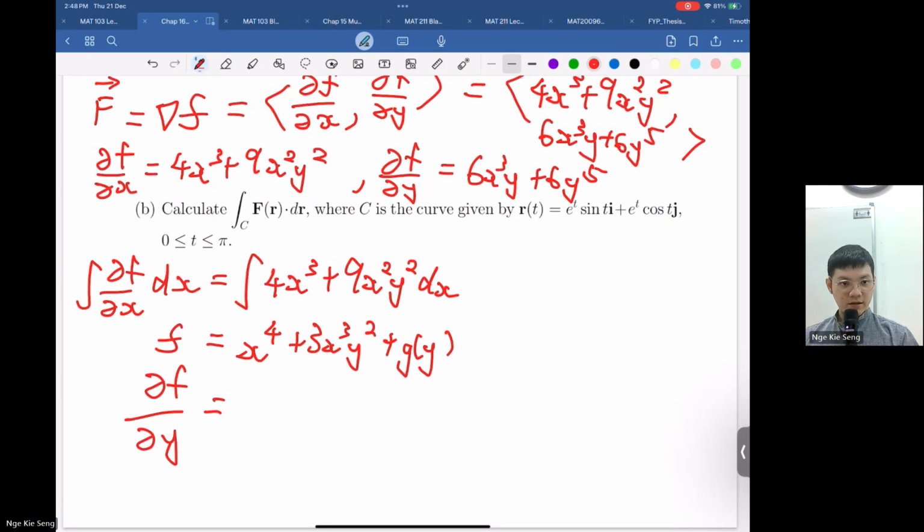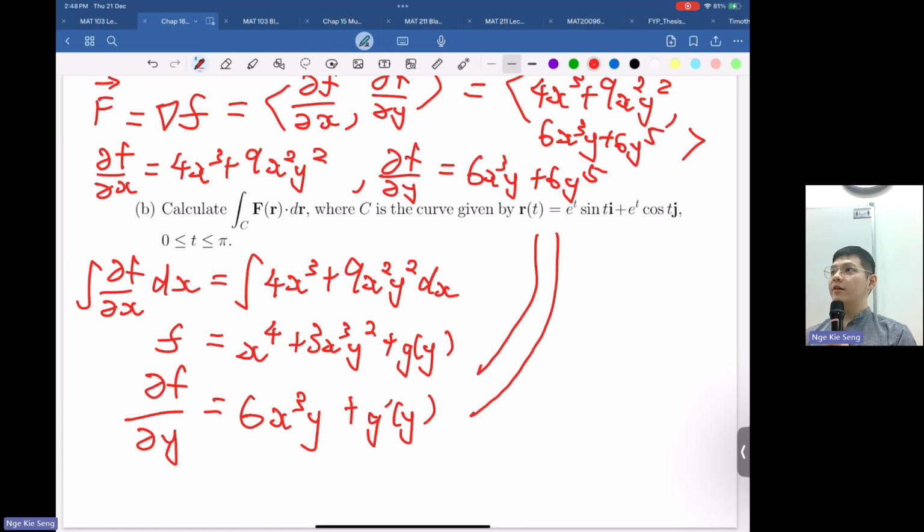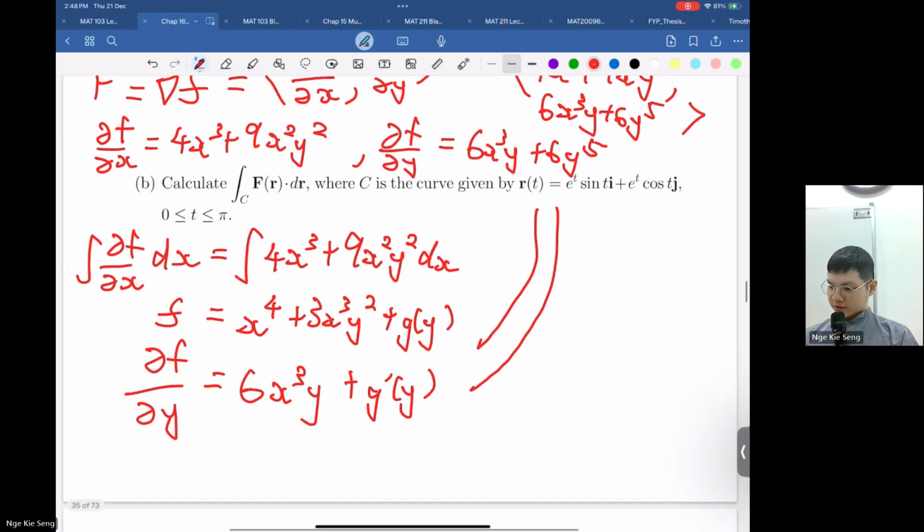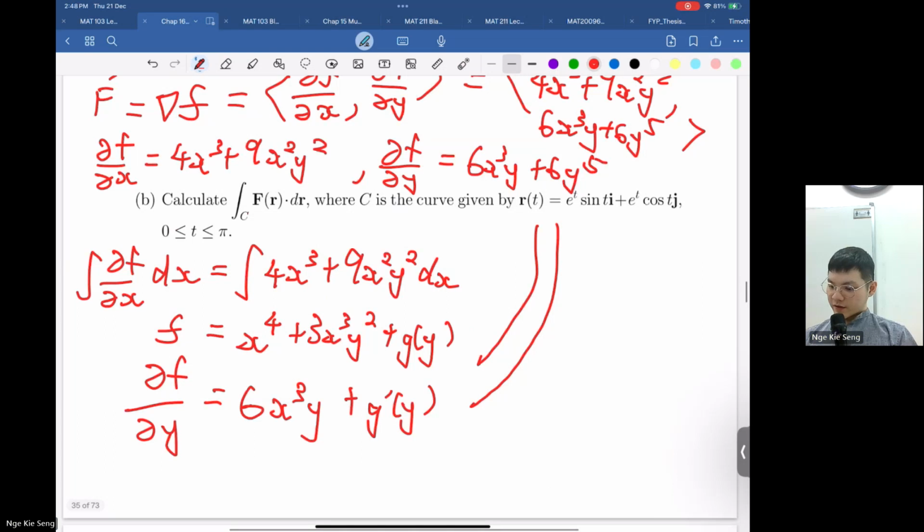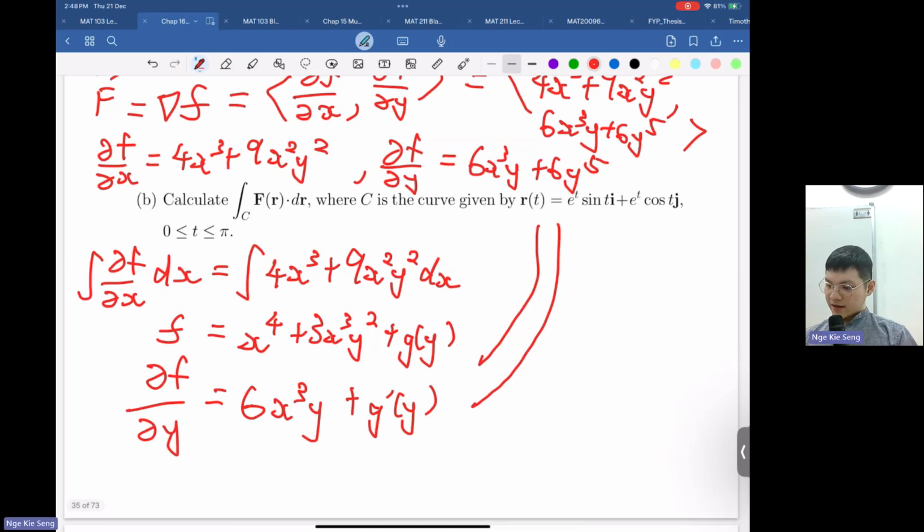What do I get? 6x cubed y plus g prime y. Then I can compare the two I have. So I can compare these two things. This implies what? This implies that g prime y equals 6y to the 5.